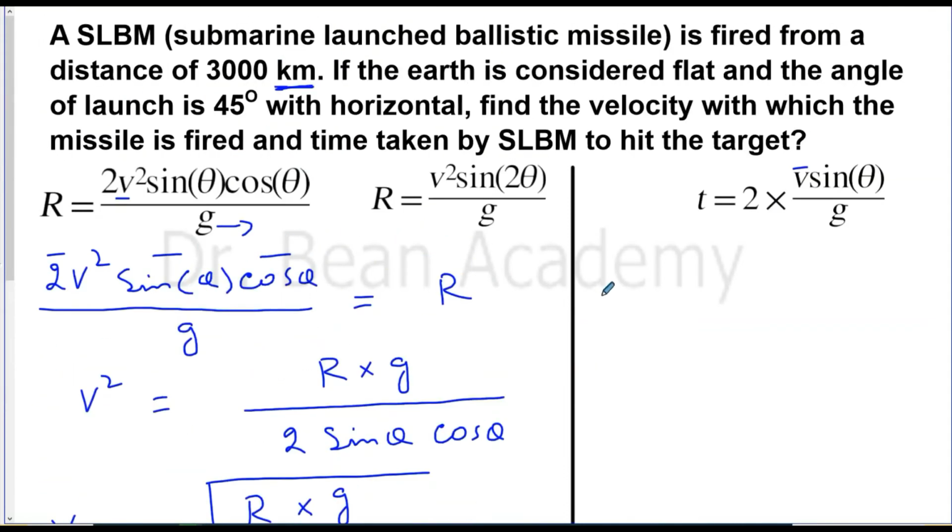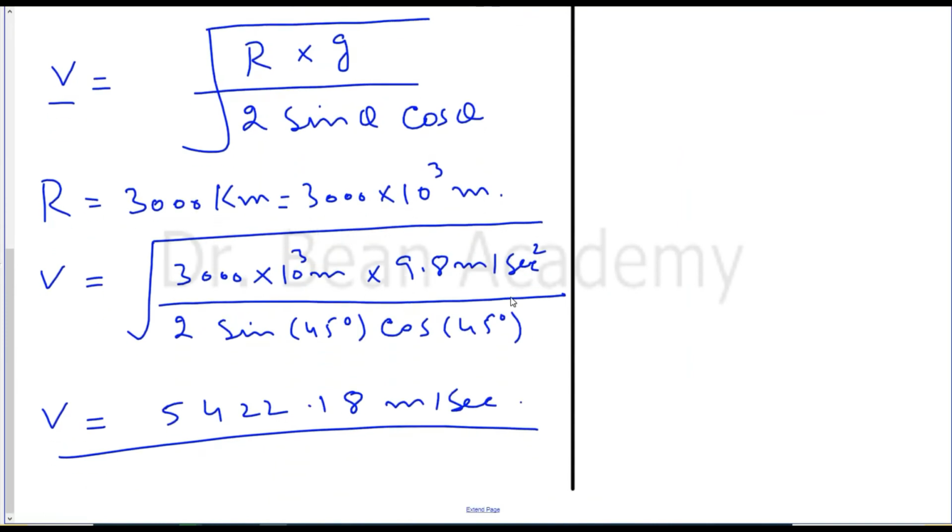So here I have the equation for the time of flight. t equals 2v sine theta over g. So we have all the quantities to find t. Let's do it. So the time t equals 2 times the value of v, 5422.18.